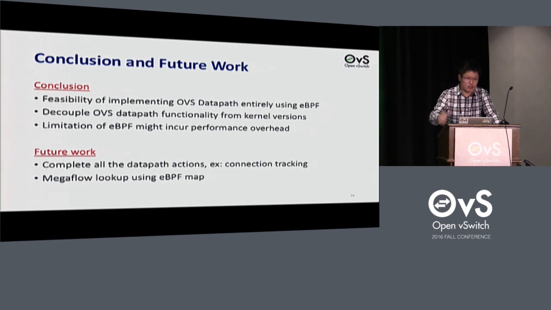The idea is to decouple the OVS data path functionality from the Linux kernel version so that we have less overhead of maintainability and compatibility efforts. Moreover, if in the future the Windows kernel or the Solaris kernel could support eBPF programs, then we could directly run this eBPF data path in different operating systems so that we could avoid maintaining different code in different operating systems.